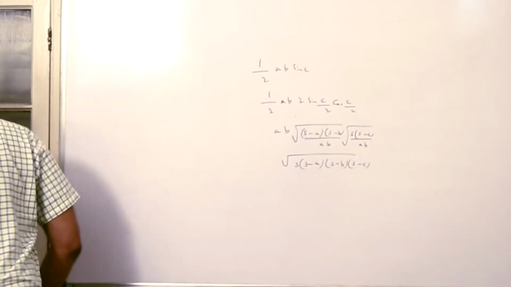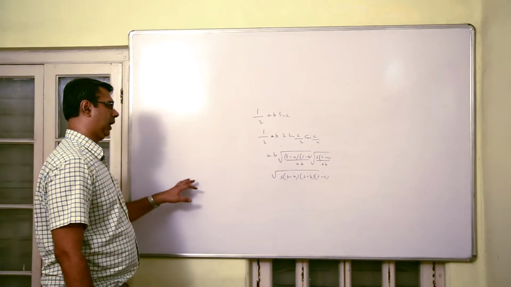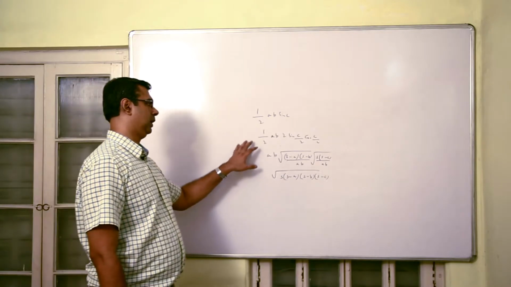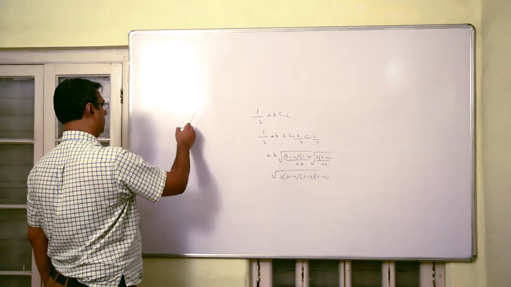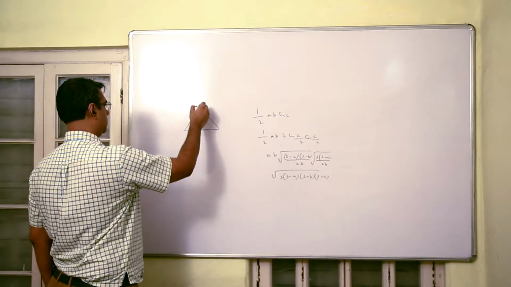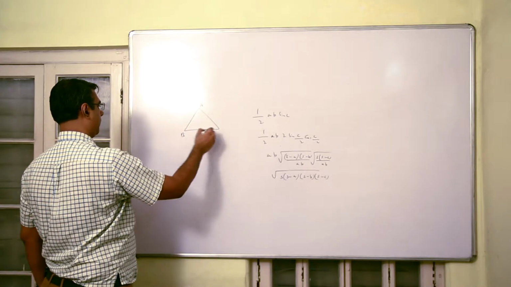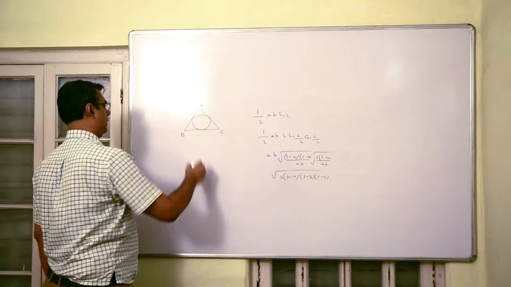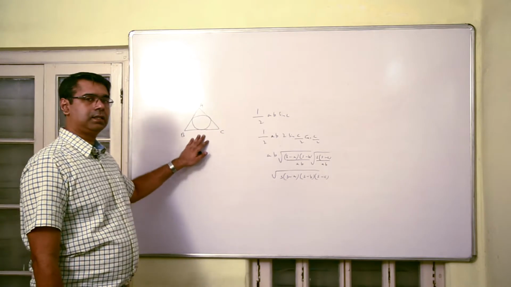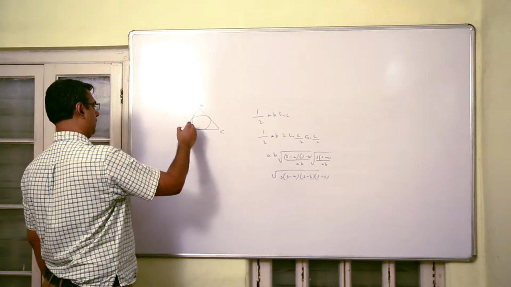Now, in properties of triangles, we have had a few formulas in which we have seen circumradius. Now let us see what about inradius. You know that the incircle is a circle which touches all the sides of a triangle.